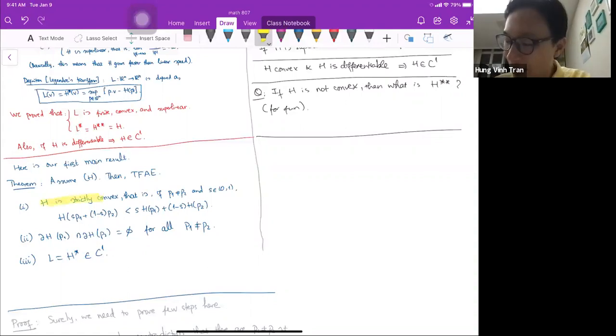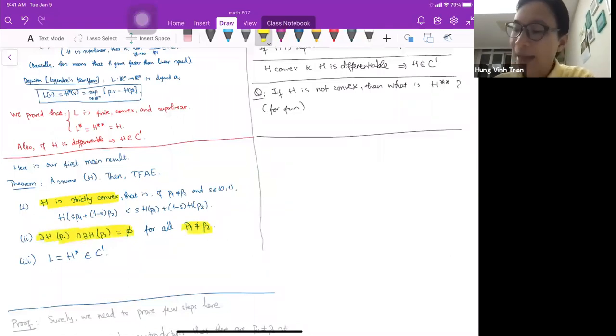What it says is that if H is strictly convex, I'll explain why, I wrote down the definition here, then it is equivalent to saying that the subgradient sets are disjoint for different values of p.